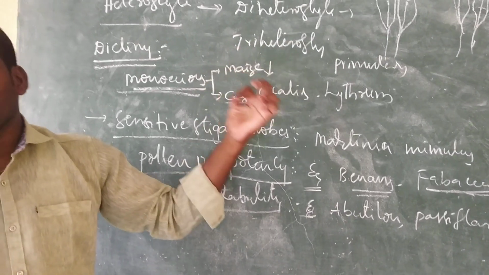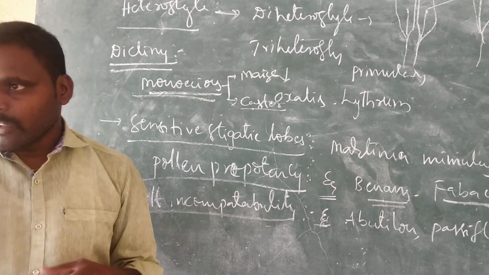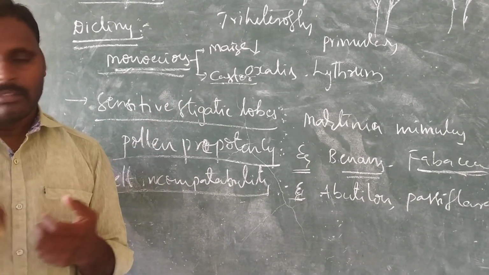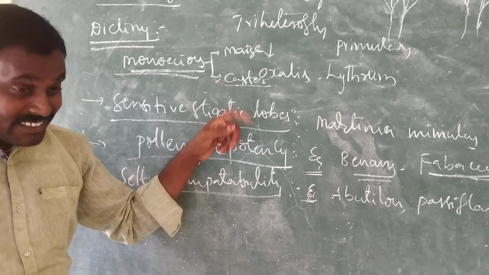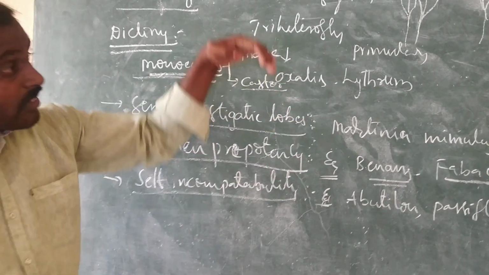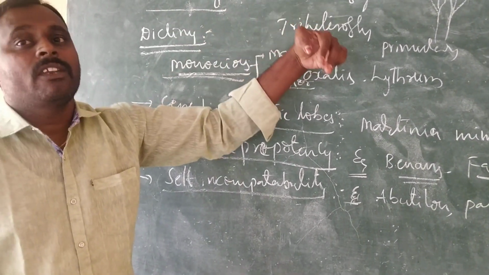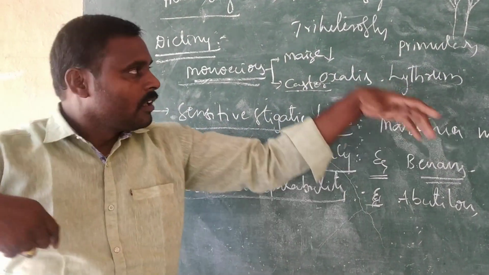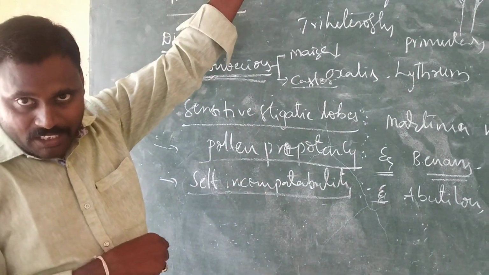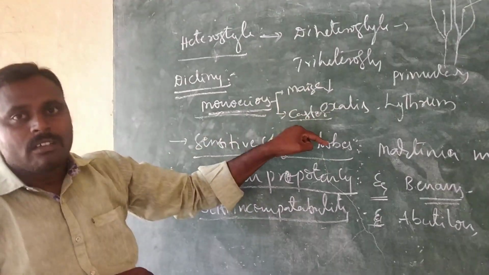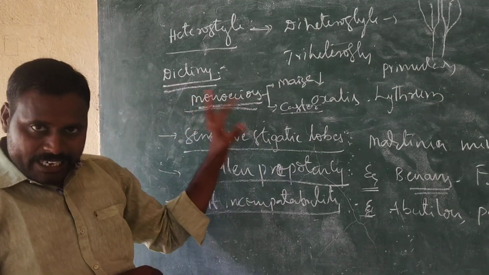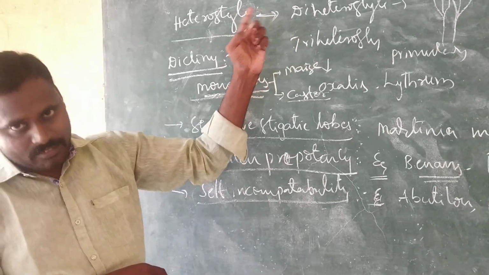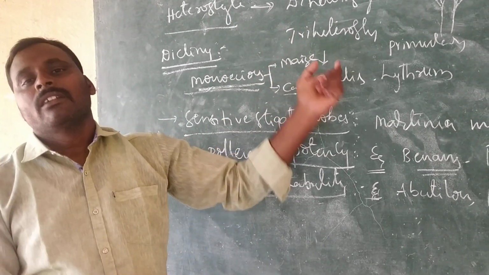See, the edible part of the maize develops from the axils of the leaf, but at the terminal position we find white feather-like structures. Those are male flowers. Male flowers are present in one place and female flowers in another, so the plant is monoecious. Monoecious means male and female reproductive organs are present on the same plant but in different flowers.